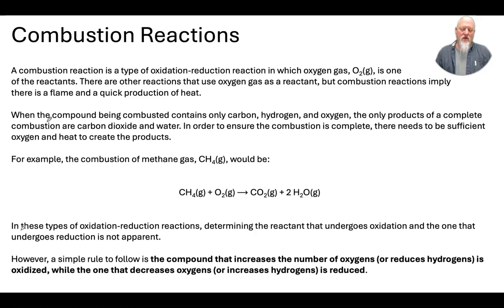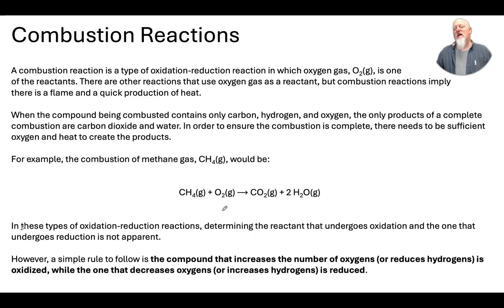If not, then we get some other side products like carbon monoxide. But if there's plenty of oxygen and heat around, the thing being combusted will completely convert to carbon dioxide and water.